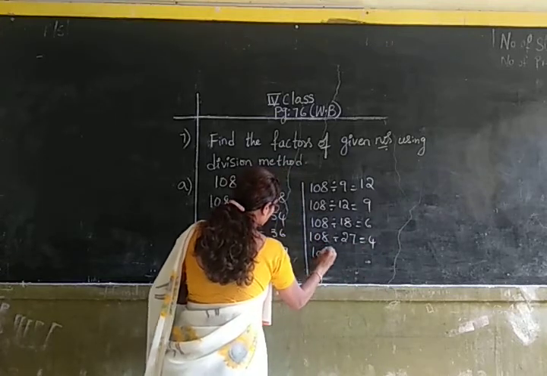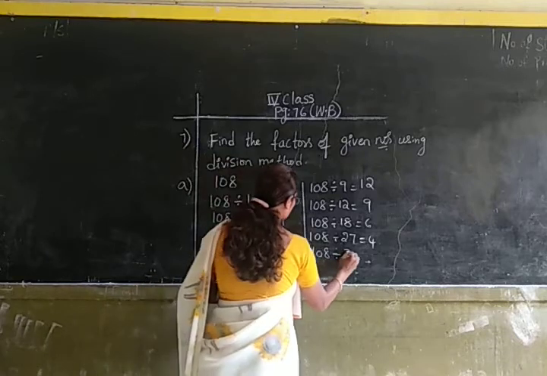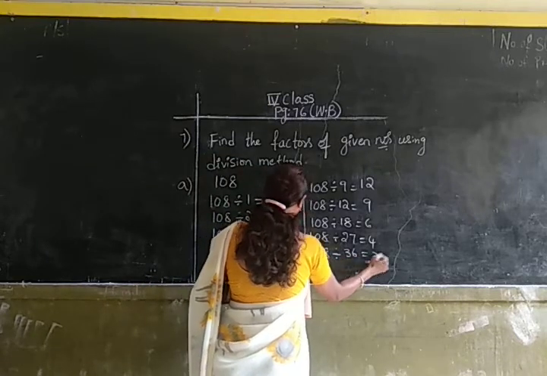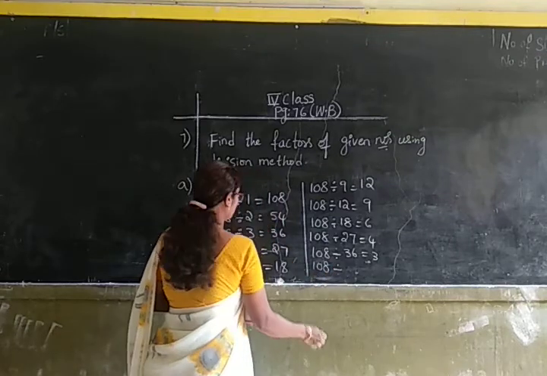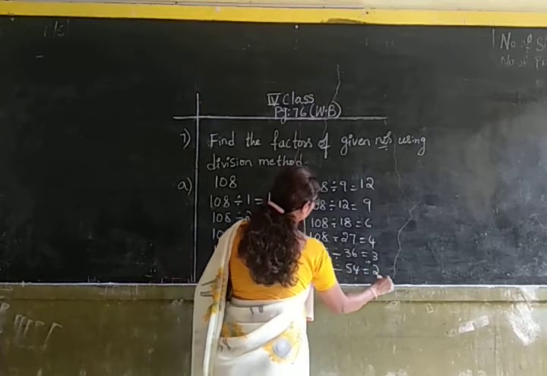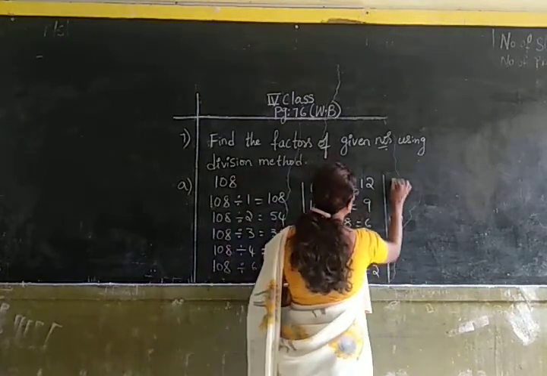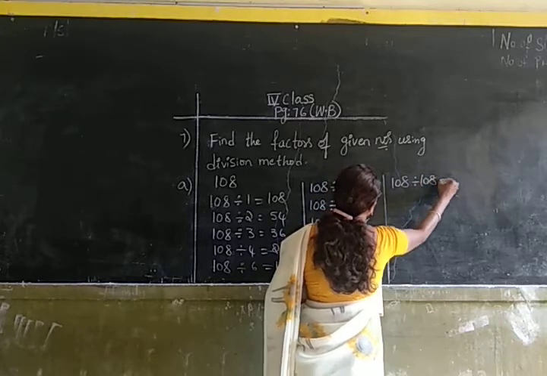And 108 divided by 36 is equals to 3. And 108 divided by 54 is equals to 2. And 108 divided by 108 is equals to 1.